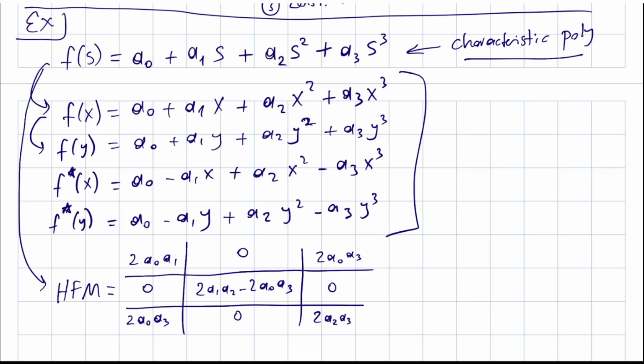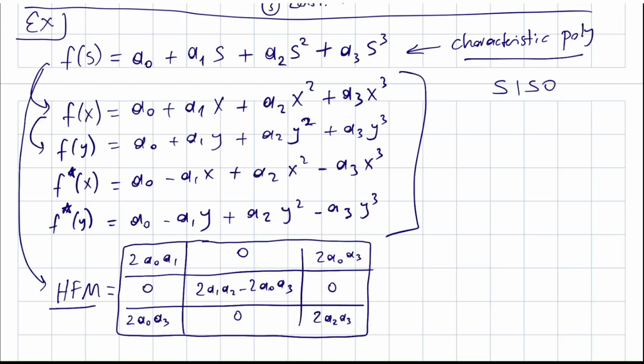This is a characteristic polynomial of a CISO system. You have this, and then you are going to construct your Hermite Fujiwara matrix through the process we just talked about here.